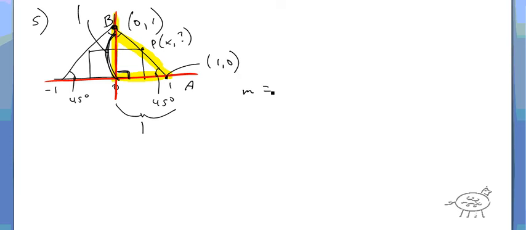The slope, using y2 minus y1 over x2 minus x1, is just going to be -1. And your y-intercept is 1, so b is equal to 1. So the equation for AB is going to be y is equal to -x plus 1. Okay, that's pretty easy once you actually draw everything out there.